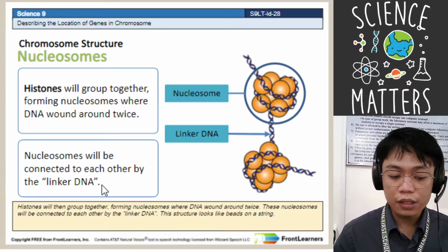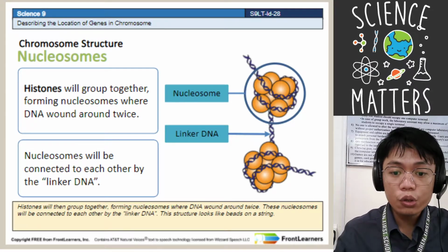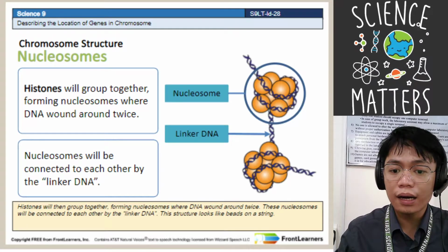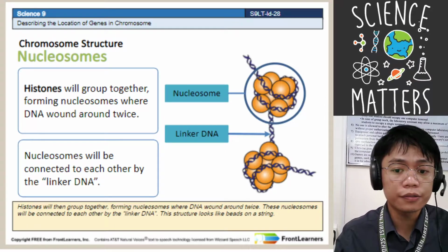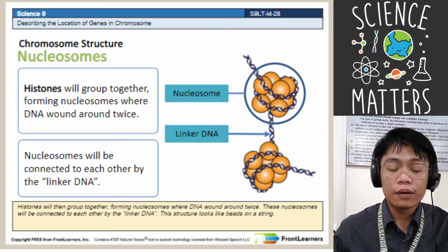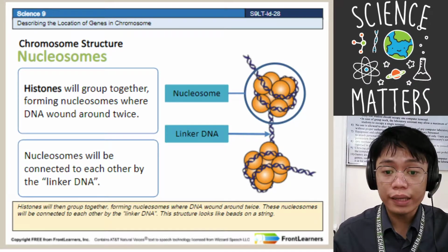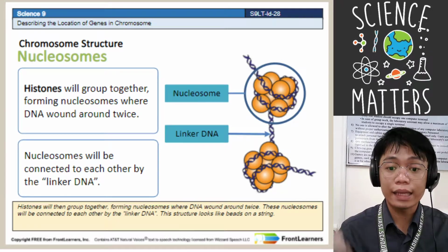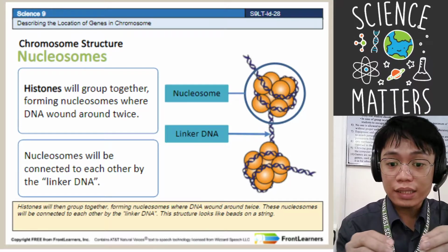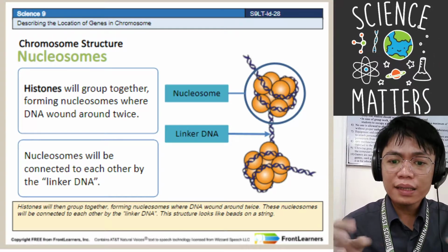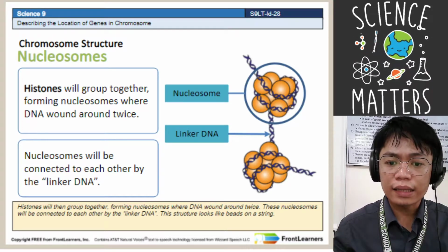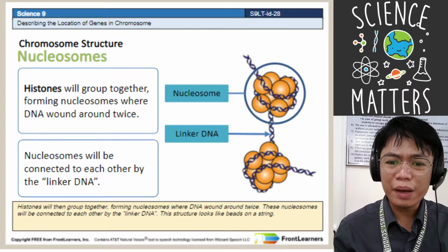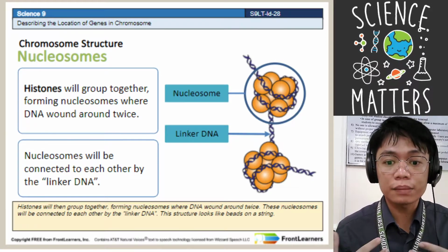So, for example, assume that a single strand of a ball thread is a DNA. Yun mismo is the DNA. Kapag kasi ang DNA kalat-kalat, hindi siya maayos, so mahirap siyang mag-cell divide.